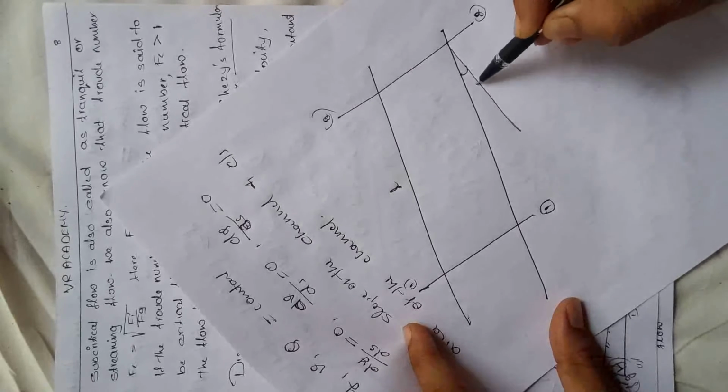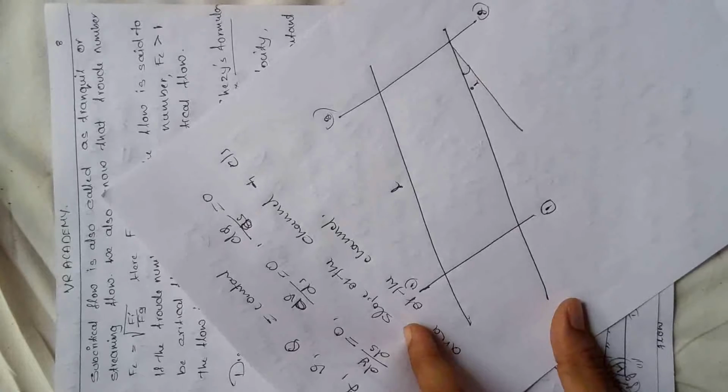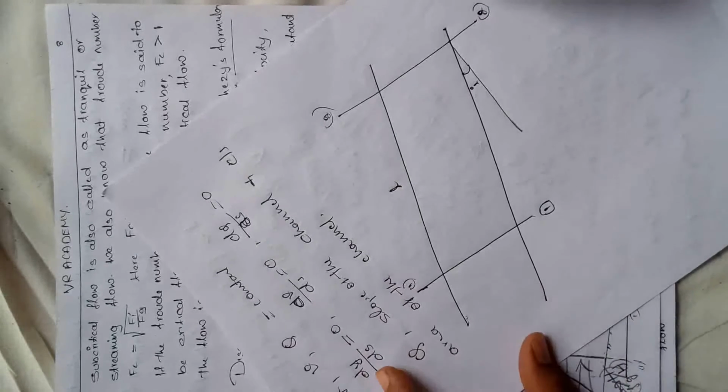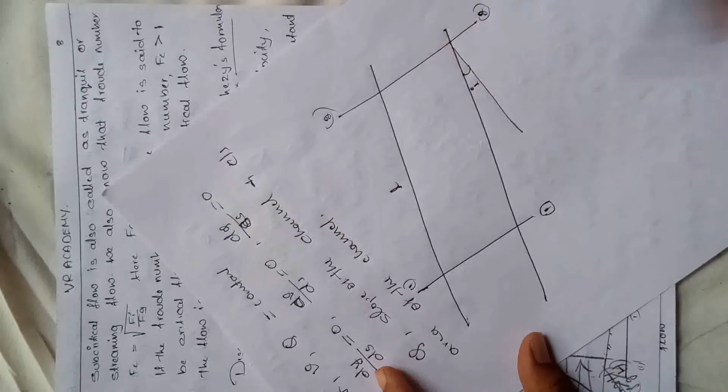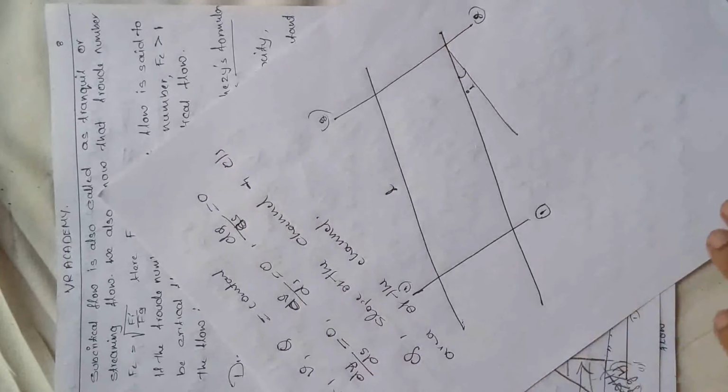The channel makes an angle i with the datum line. The i is very small compared to the length, but the slope is required because it is an open channel. The open channel flows due to only the gravitational force, so some slope is required.